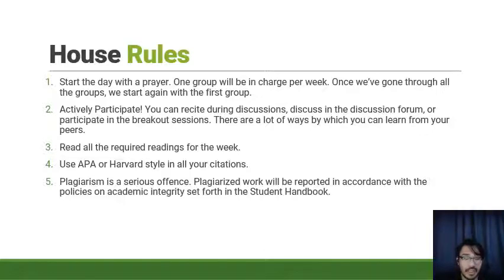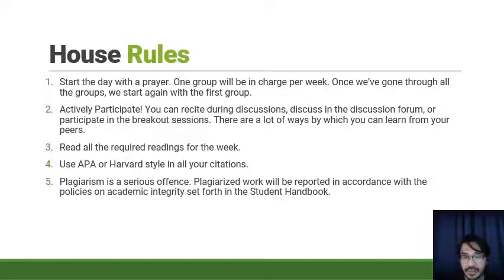I'm okay with either. And lastly, and this is really important, guys, this is the one rule that I take very, very seriously. Like I said, I'm a very chill professor for the most part, but plagiarism is something that I cannot turn a blind eye to, right? It's a serious offense.